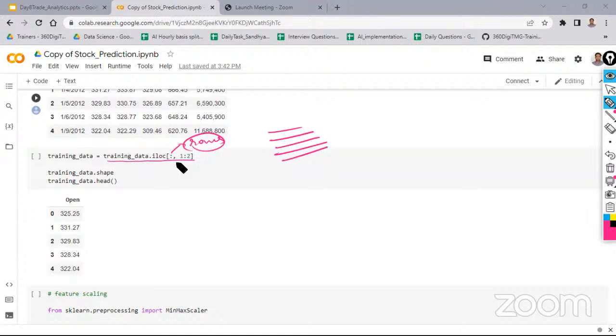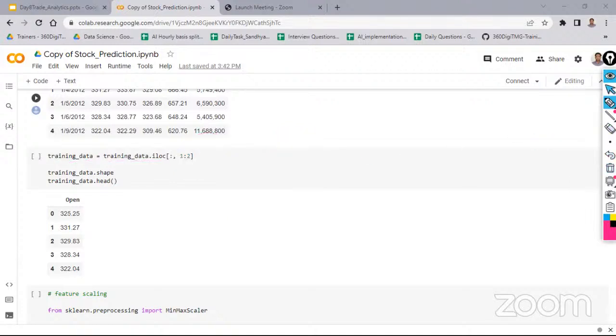But I want to get training data with a column. So what is this column 1:2? It means start with the first column and end with the second column, excluding the second column. That is the meaning. So when I say exclude this and start from this, now what is the meaning? It will consider the first column.